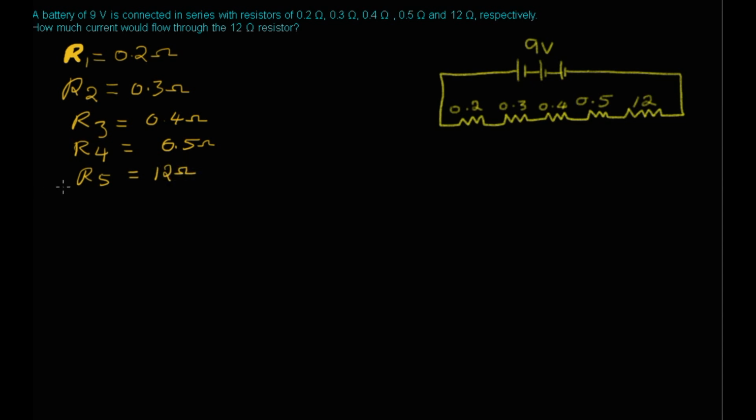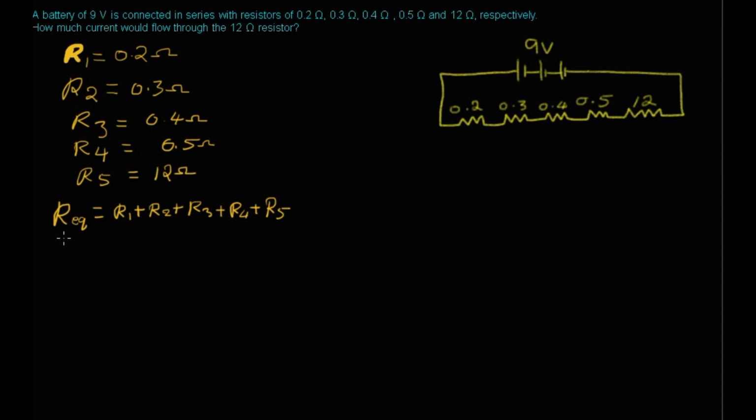Since all these are connected in series, the total resistance, the equivalent resistance of the combination, will be equal to R1 plus R2 plus R3 plus R4 plus R5.